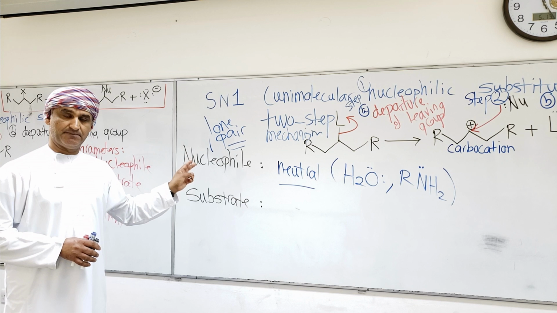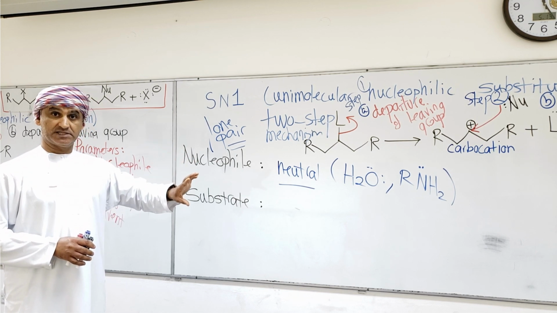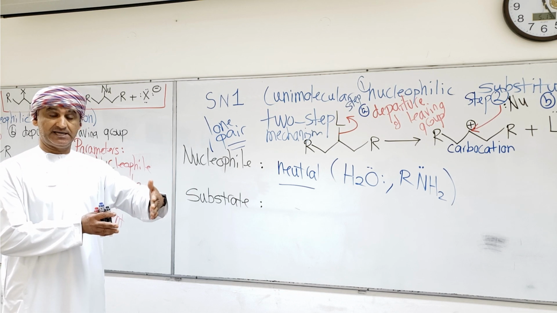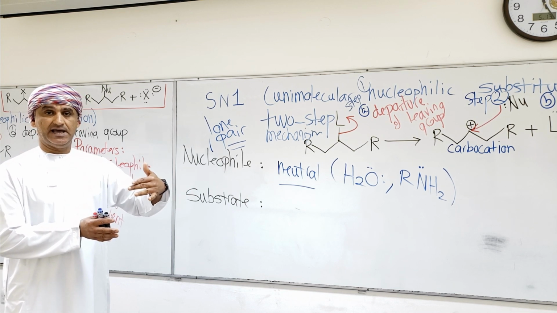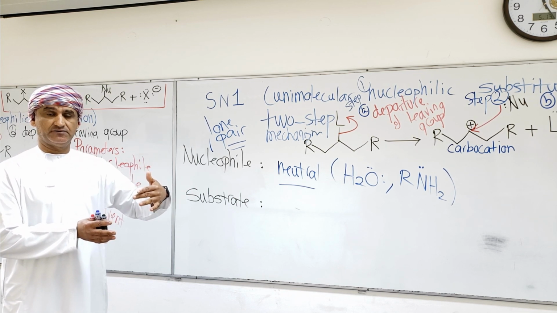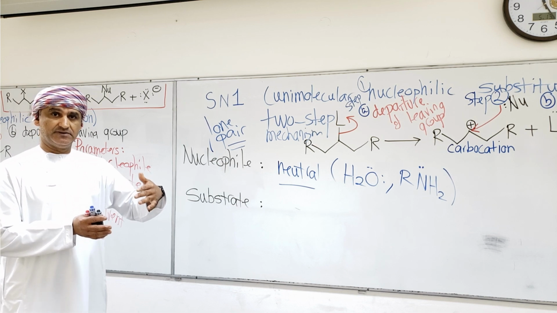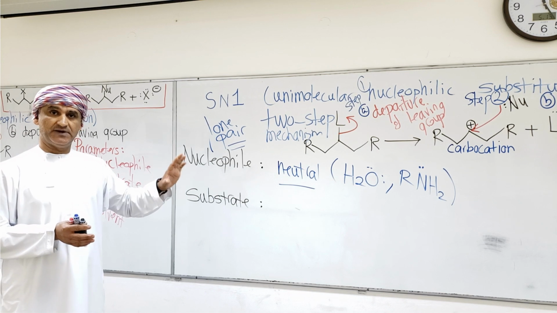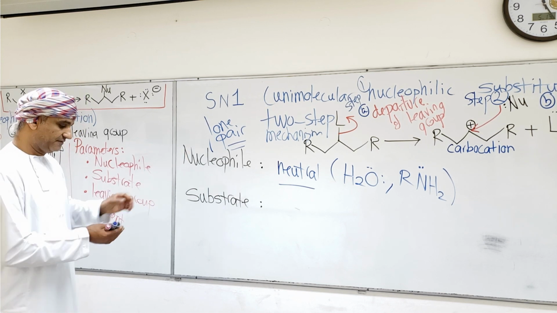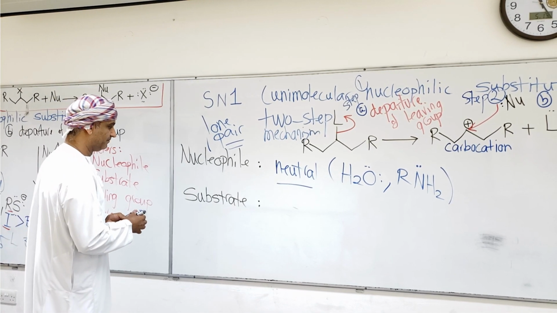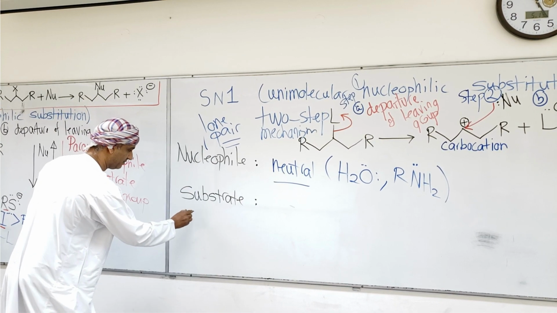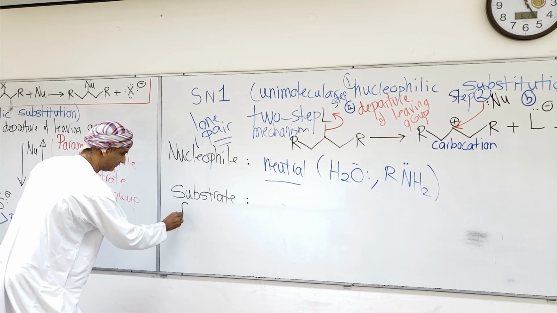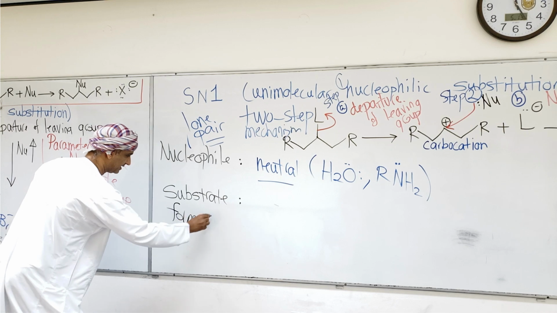Remember, this is a two-step reaction or two-step mechanism where the leaving group departs first to form a carbocation, and then a nucleophile attacks the electrophilic carbocation intermediate. So the carbocation should be stable enough for the reaction to be of SN1 mechanism type. So therefore, the substrate should form a stable carbocation.